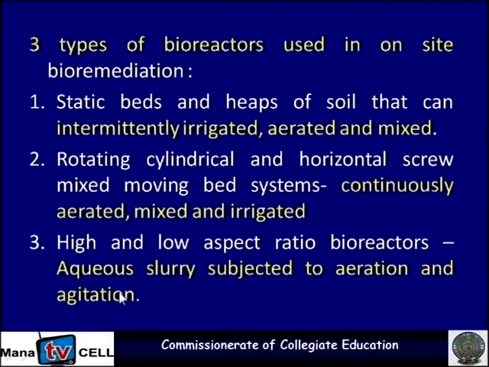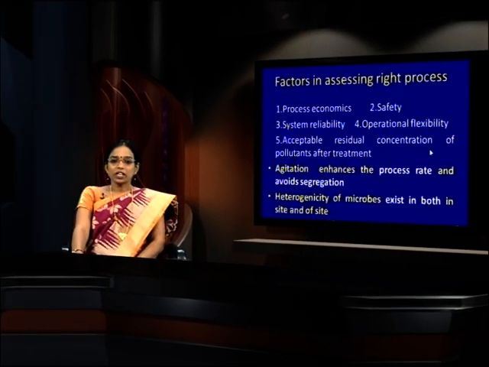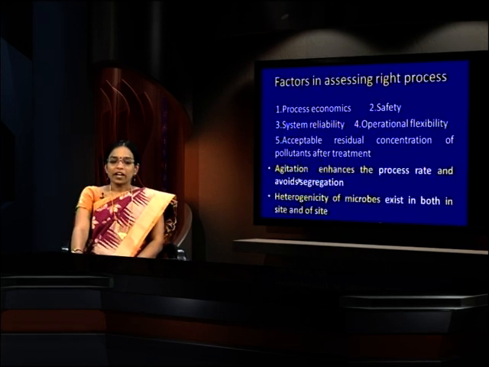Agitation is nothing but mixing. And what are the factors which assess the right process in bioreactors? Process economics, safety, system reliability, operational flexibility, and acceptable residue concentration of pollutants after treatment. These are the main factors in assessing the right process in a bioreactor.